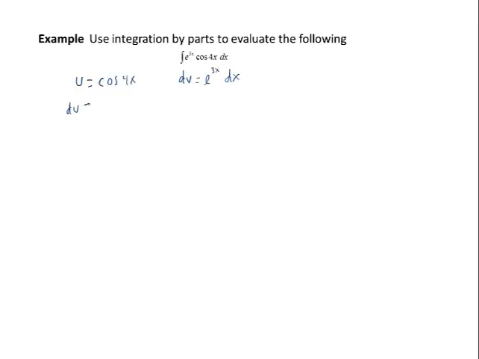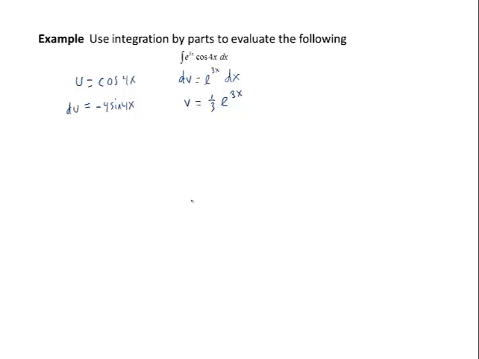Du, the derivative of cosine 4x, is negative 4 sine 4x dx. And then for v, we just have to integrate e to the 3x dx. So we get v as 1/3 e to the 3x.